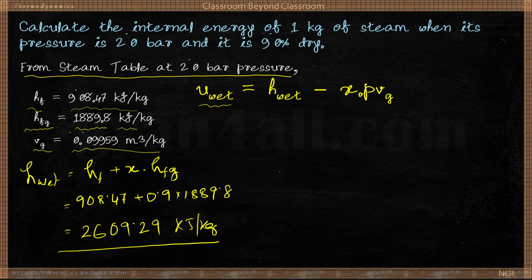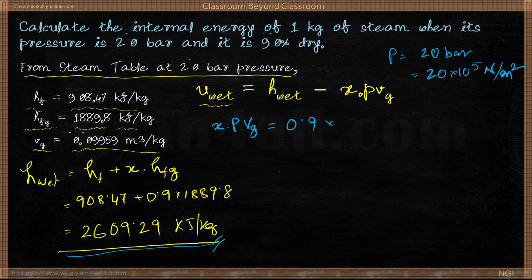Now we have to find out the value of x p vg, where x is 0.9, and the pressure p is equal to 20 bar, which is equal to 20 into 10 to the power 5 Newton per meter square. We have already found the enthalpy in kilojoule per kg, so we have to use the pressure in kilonewton per meter square, which will be equal to 2000 kilonewton per meter square.